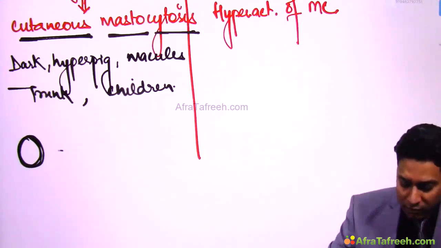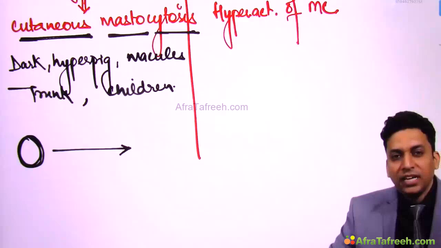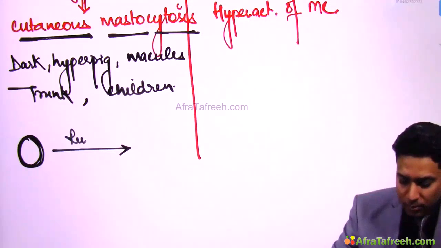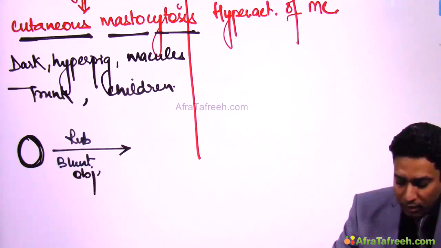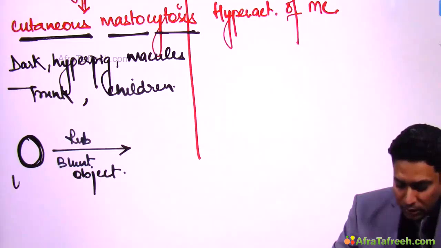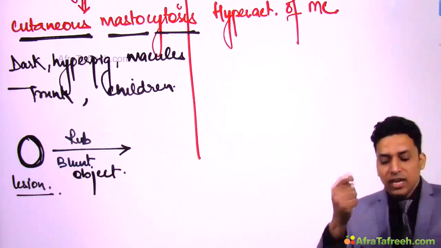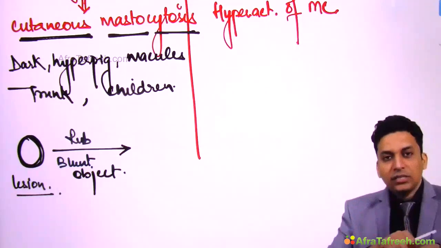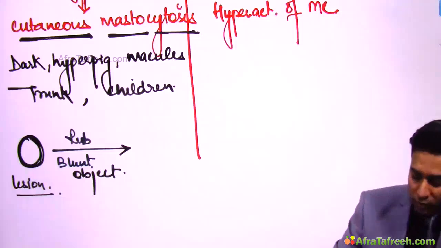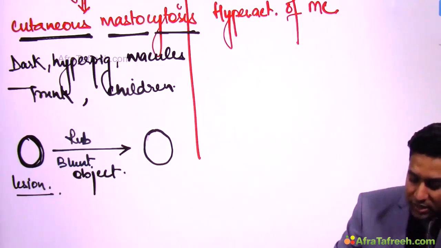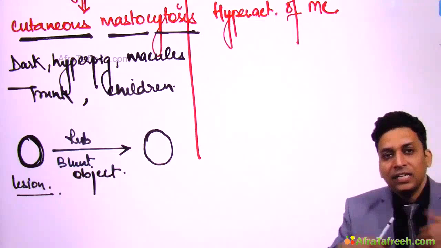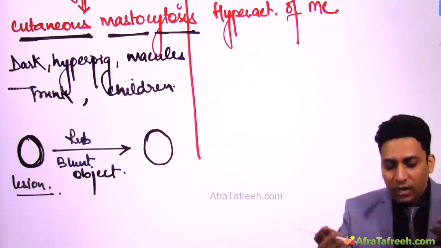Now if you take any blunt object and rub the skin lesion of urticaria pigmentosa, what you will find is that because there is an excessive number of mast cells present here, they release histamine, and due to histamine, vasodilatation occurs.